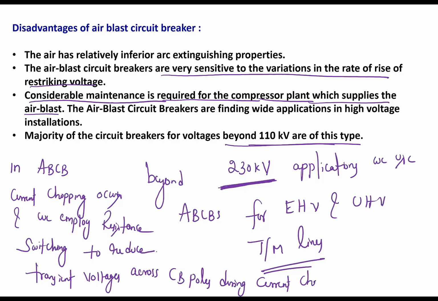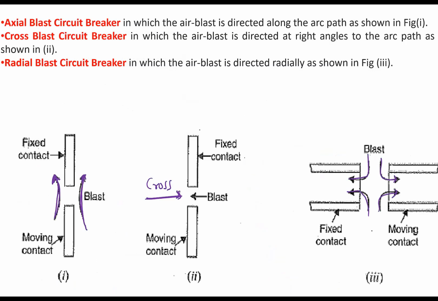Understand? So wherever there is current chopping, we use the resistance switching technique to reduce the transient voltages that appear during current chopping between the circuit breaker contacts. Understand? So this is about the air blast circuit breakers.